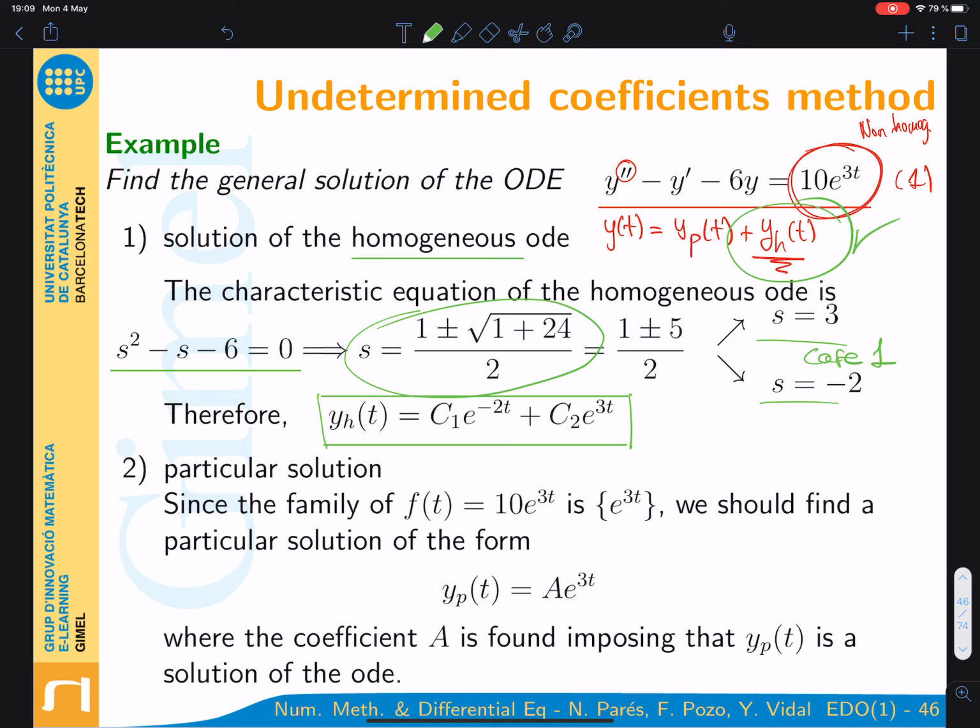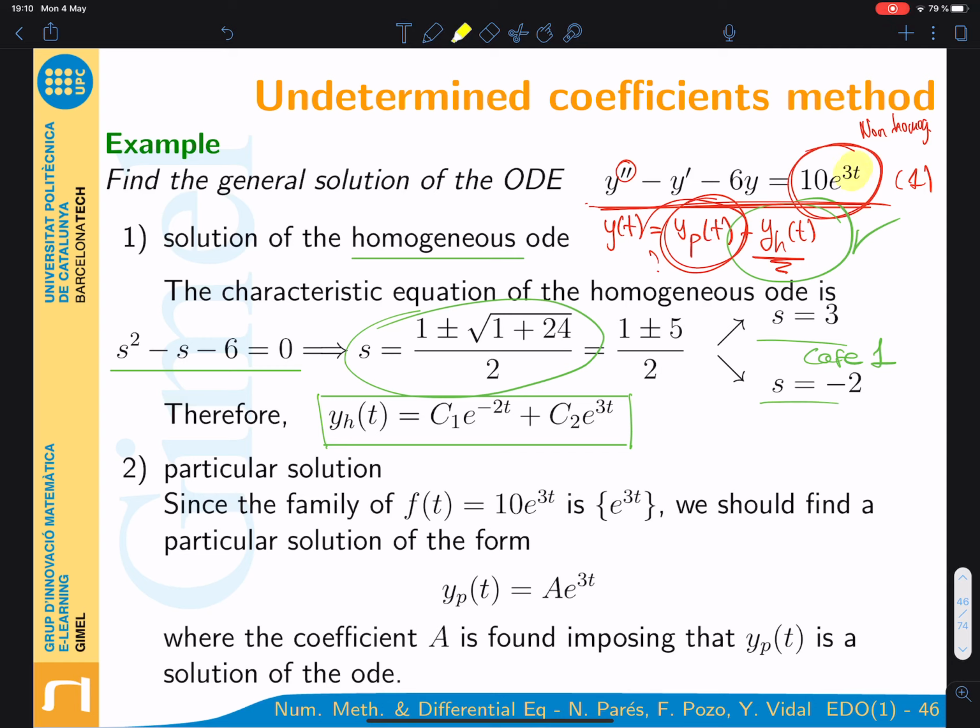This is pretty easy. Now, what about finding yp? That's what we are interested in. In order to find one particular solution of the non-homogeneous ODE, we will use the method of undetermined coefficients.